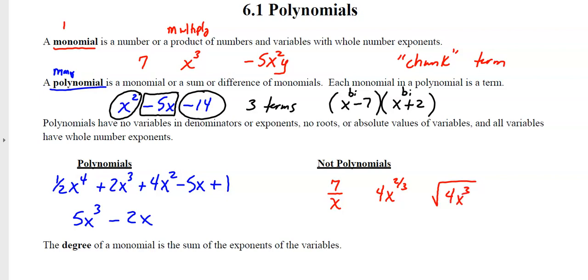That's not allowed because the square root's a problem. Can't have absolute value. So this is not a polynomial. So the things that are the problems here are the absolute value brackets, the square root bracket, the fraction exponent, and then the variable in the denominator. All of those things kind of wipe you out, so you're not a polynomial.